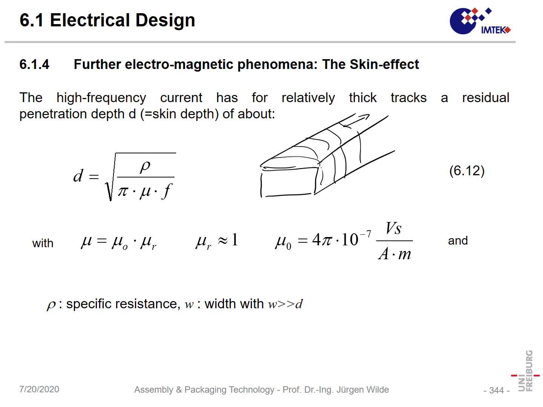Due to the current here, we have a Lorentz force on the carriers, and that leads to the carriers only conducting on the outside of that circuit. So that's the so-called skin effect. Here we have the skin of conduction, and the inside is conduction free.